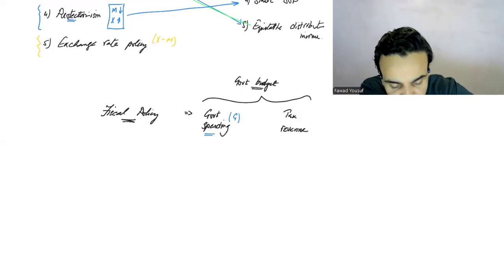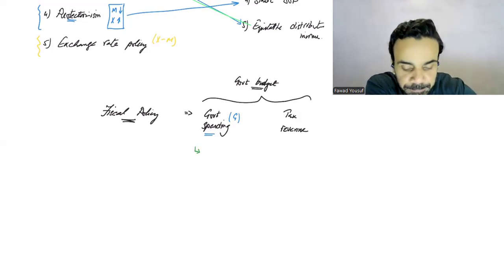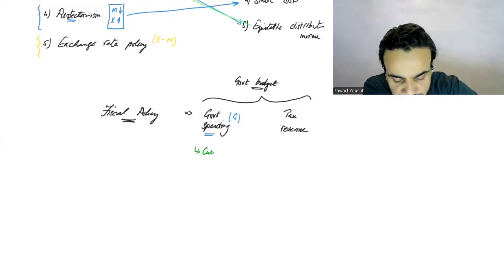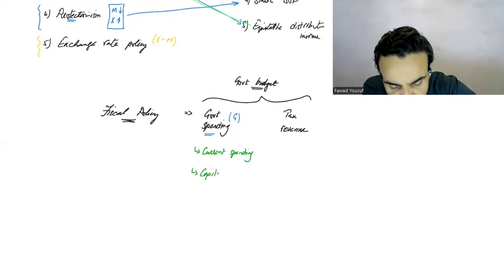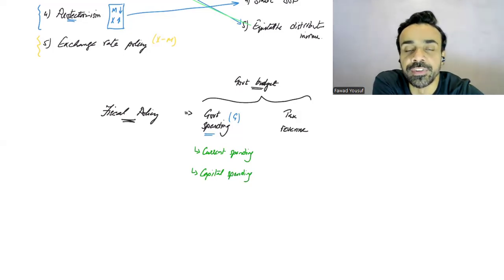So the way Bamford breaks it down is into two categories. One is the government's current spending, and one is the government's capital spending. Just to simplify what they are, current spending is the administrative expenditure, operational expenditure.